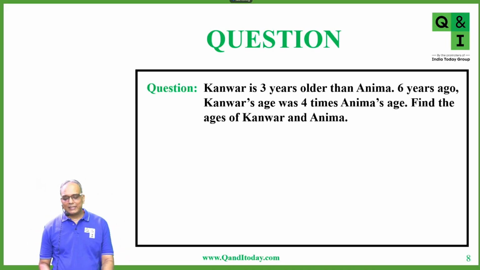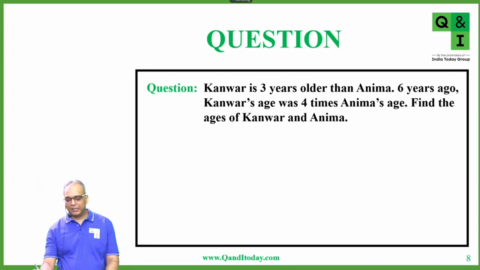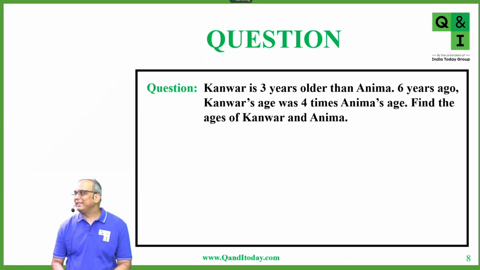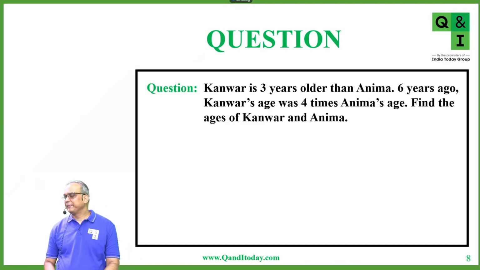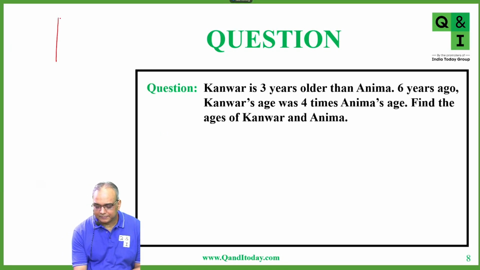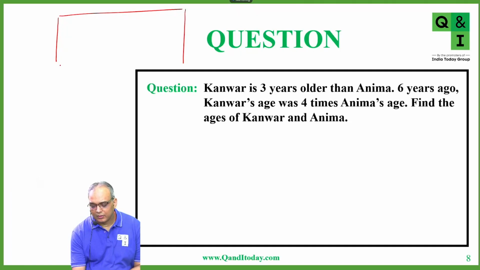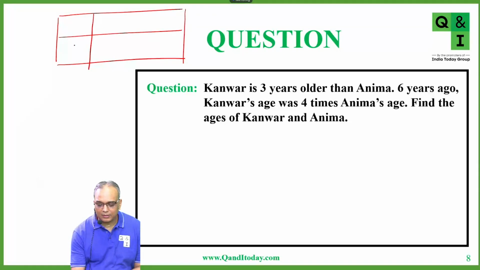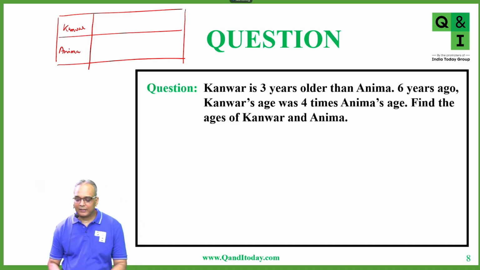So Kanwar is 3 years older than Anima, right? So in these kinds of questions, students, we always make a table. I'll make a table here. So whenever you get such a question, try to make a table, right? So we have Kanwar and Anima, 2 people here.